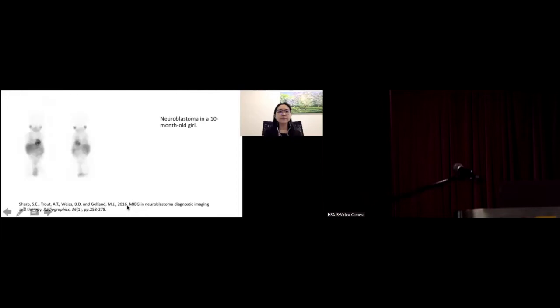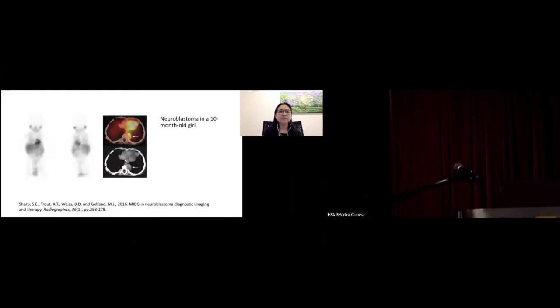And in this paper, MIBG in Neuroblastoma Diagnostic Imaging and Therapy by Susan Sharp et al., showing a neuroblastoma in a 10-month-old girl. So the planar imaging looks fairly normal.